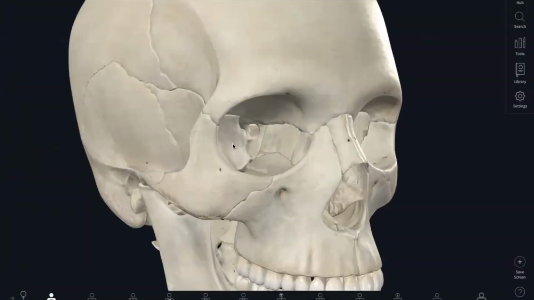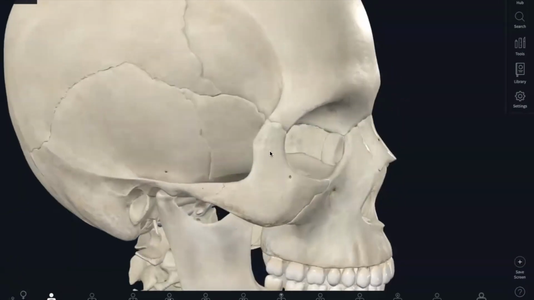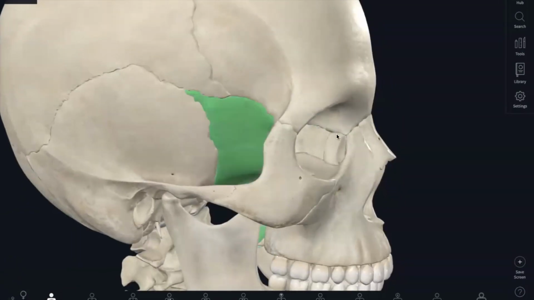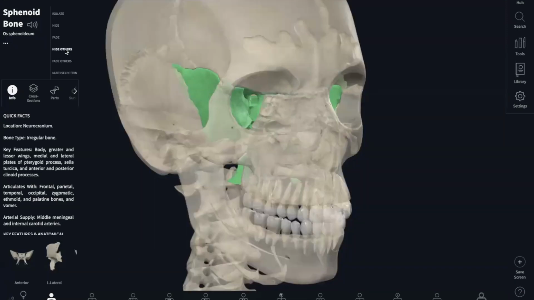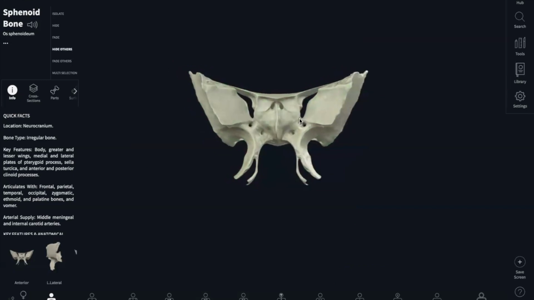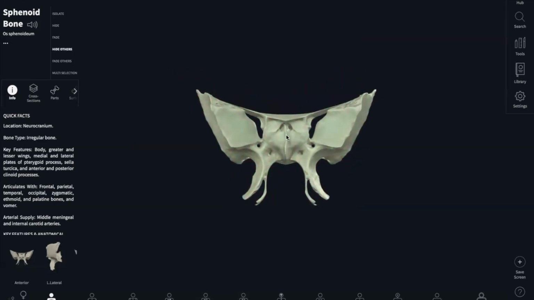Next in your cranial bones is the sphenoid bone, and it's visible from the side over here. It's actually quite large because it connects most of the bones in your cranium. So let's hide the other bone so we can see better the sphenoid bone. It's kind of bat-shaped. It has a very distinct shape.